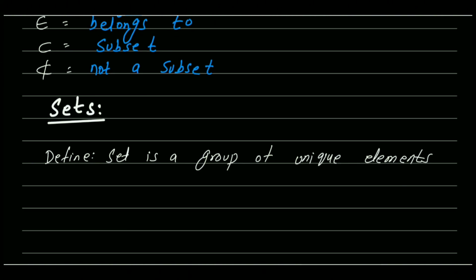Unique, what does unique mean? Unique means we cannot repeat elements in a set.